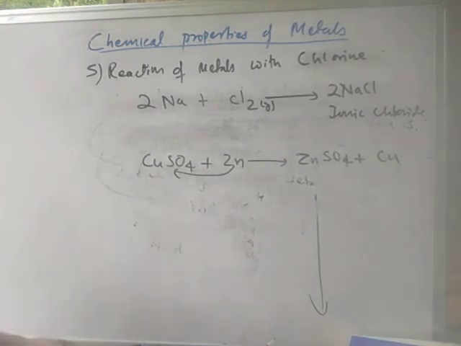Clear? Next, magnesium also gives magnesium chloride, an ionic chloride.